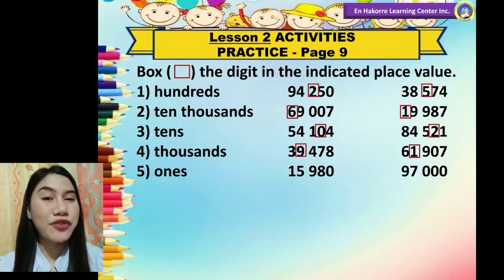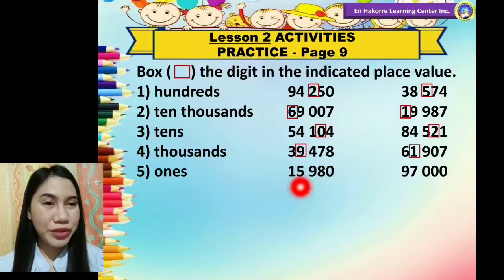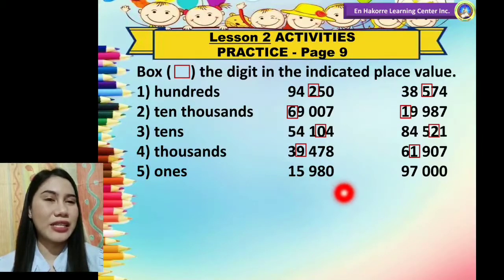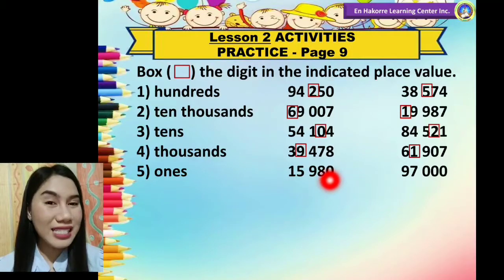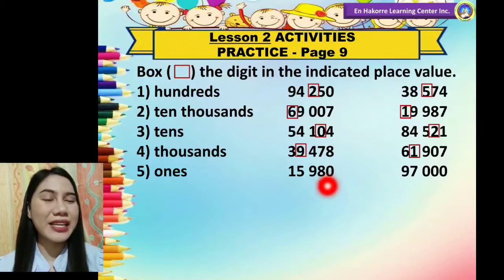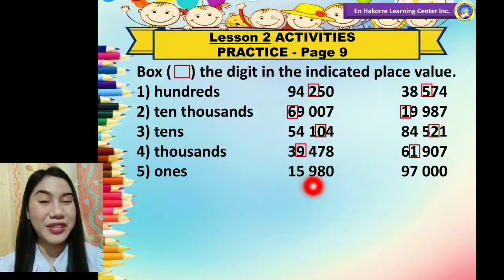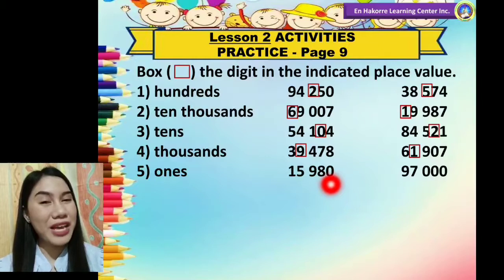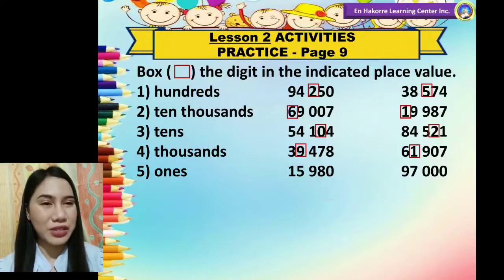Let's proceed with number 5. We're trying to look for the place value of ones. So, what number do you think has the place value of ones here in 15,980? So, let's count the place value going to the left. Okay, so ones. So, 0 right here in the number 15,980 has the place value of ones.